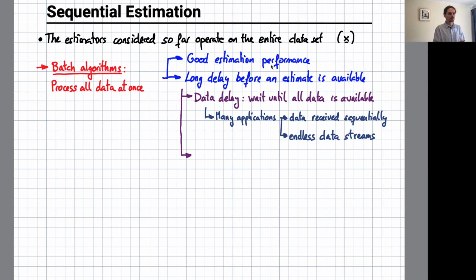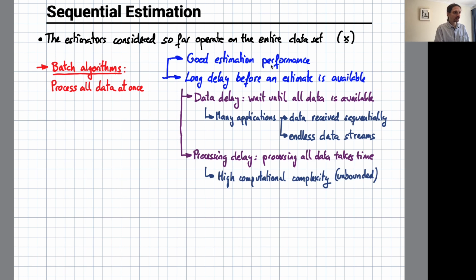And with that, they estimate how much each user is going to like a given movie, right? So in this case, the data is not expected to stop coming. So these batch estimators are not directly applicable in these situations. But there are many other examples.